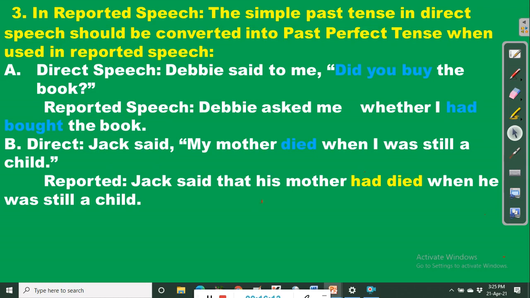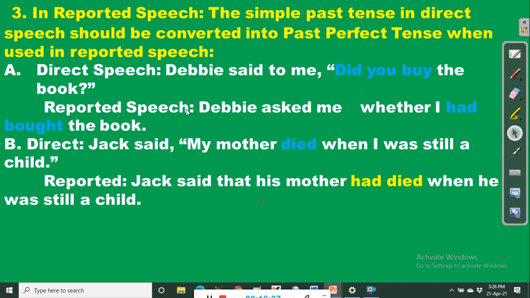And there are rules that govern such reportage. When you report what someone has said in your own words, one of the rules is that when someone says something using the simple past, when you report it, you change the simple past to the past perfect tense.